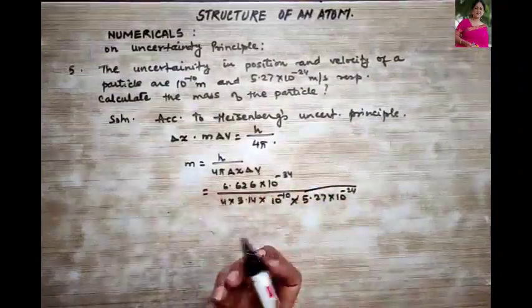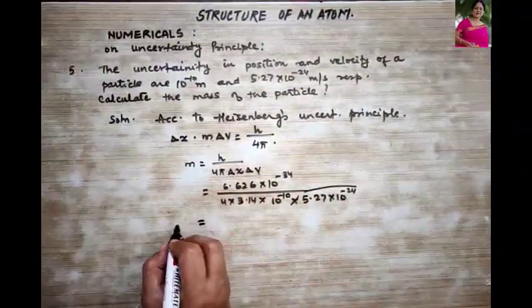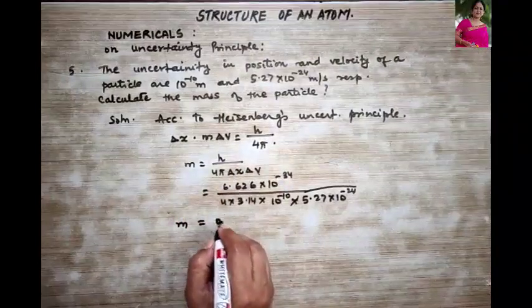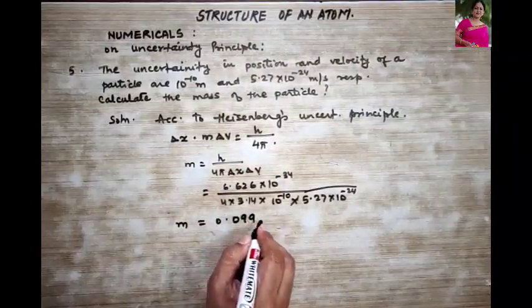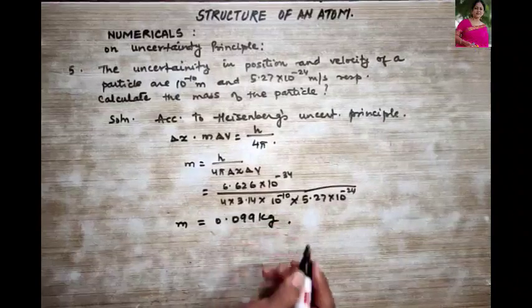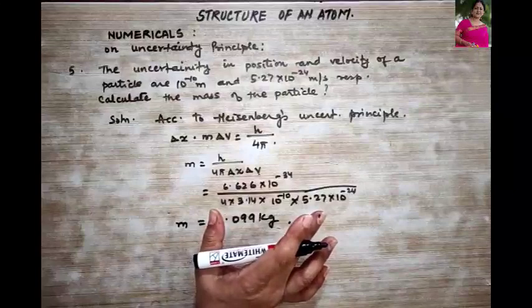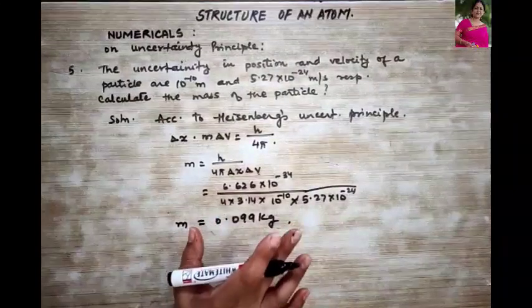When you solve all this, what do you get? The answer, that is the mass of the particle, will be equal to 0.099 kg, right?